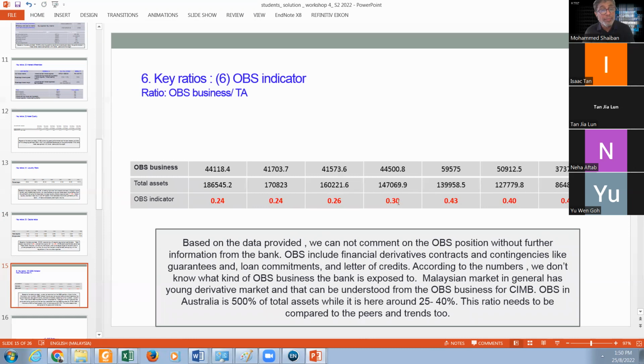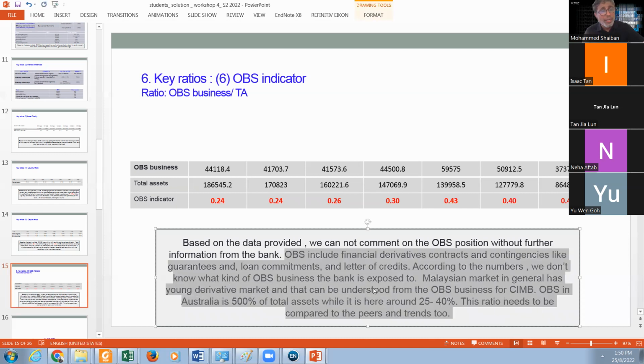For CIMB, it's just 24% of the total assets. The answer for this is the Malaysian environment, especially when it comes to derivatives. They don't have a lot of derivatives operations.